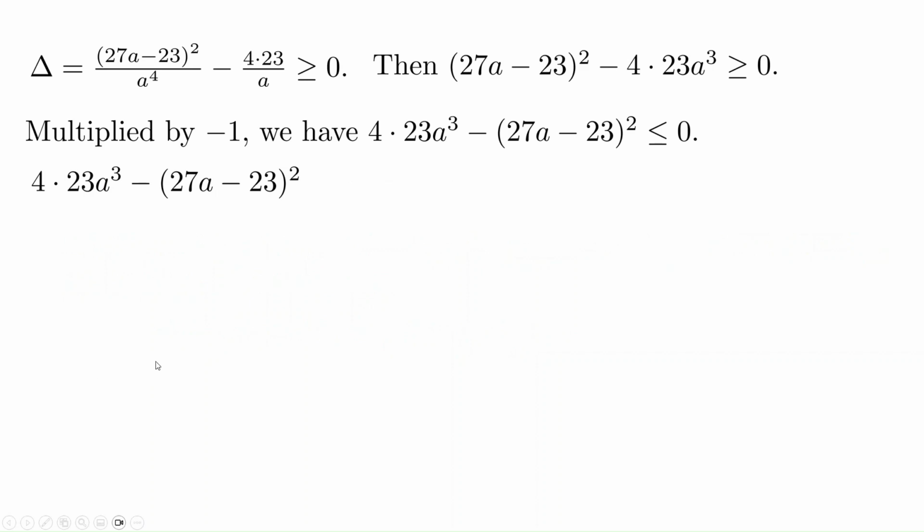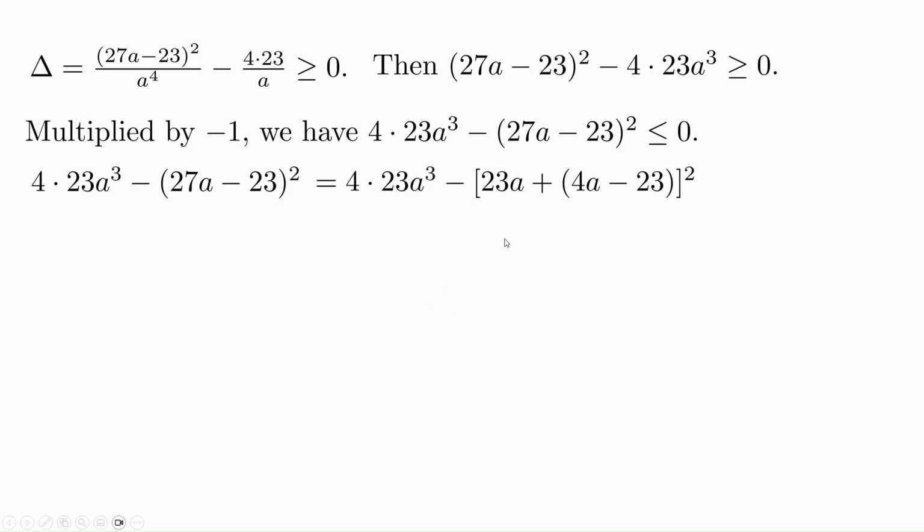We can see this in a different way. We can split the term 27a into two terms, 23a plus 4a. This way, all the coefficients contain only two numbers, 4 and 23.